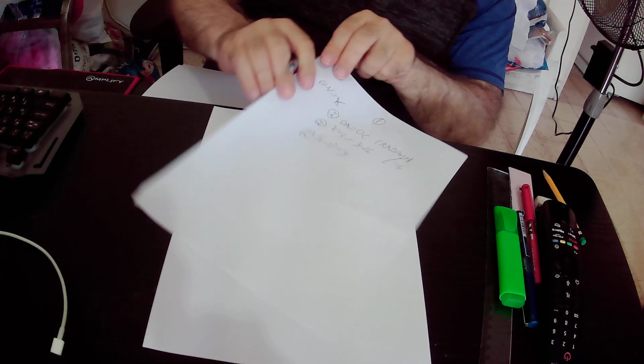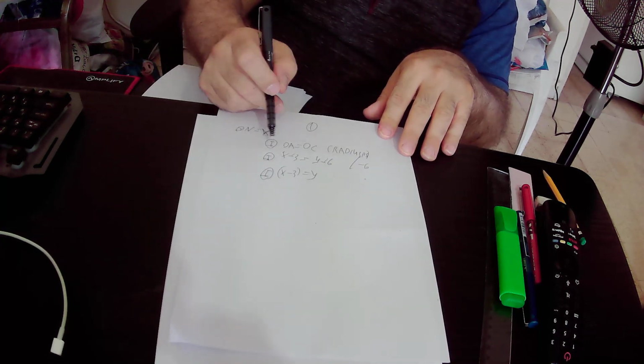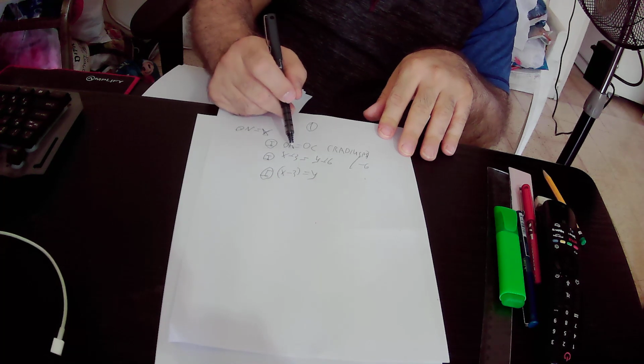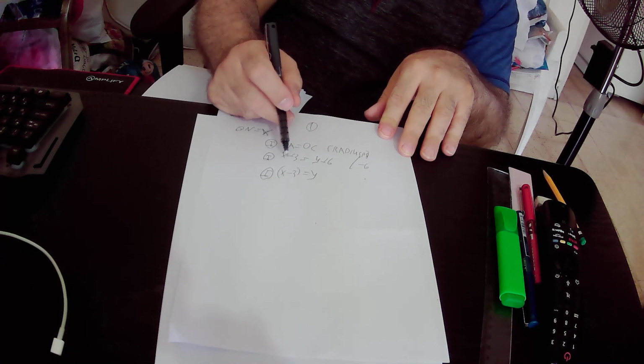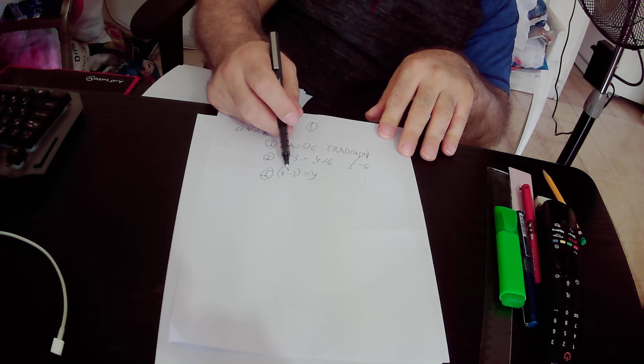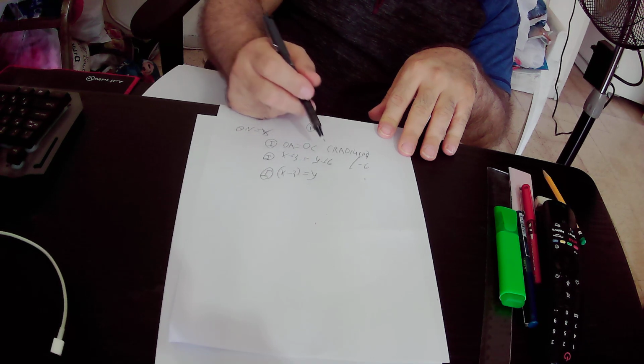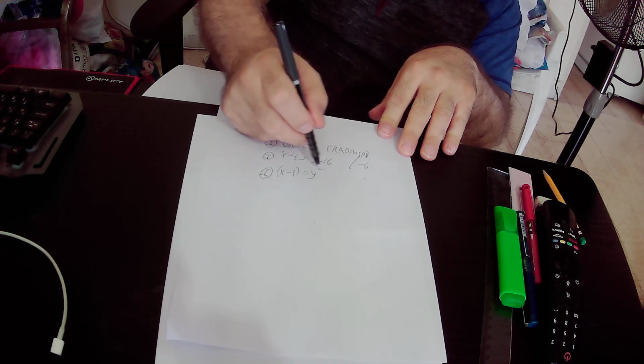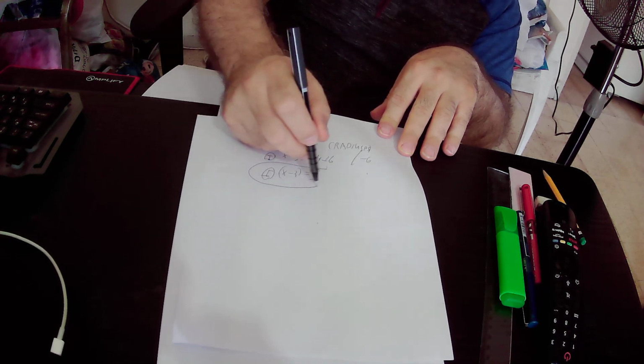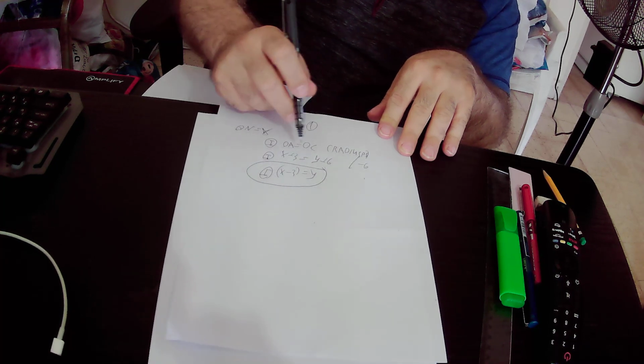So x plus 3 minus 6 equals x minus 3, and y plus 6 minus 6 equals y. So we have equation number 1 that states that y equals x minus 3.